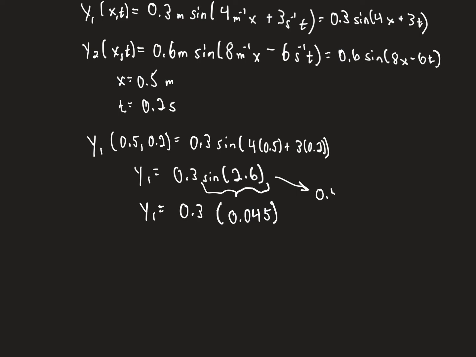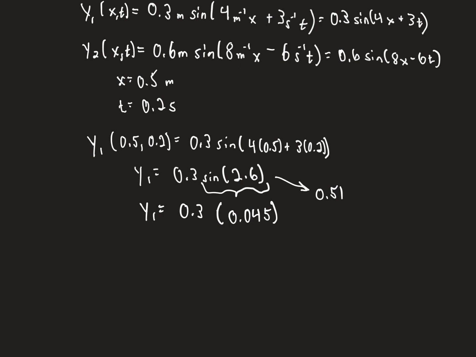Did anybody get 0.045? How many of you got 0.045? Raise your hands. Okay, put your hands down. How many of you got 0.51? Raise your hands. Can you tell me what we did wrong? Look up there. Super tiny little letters.